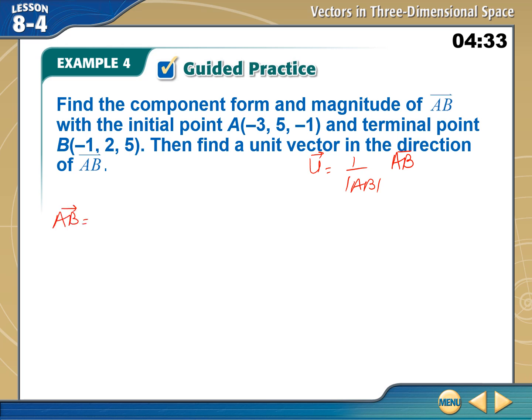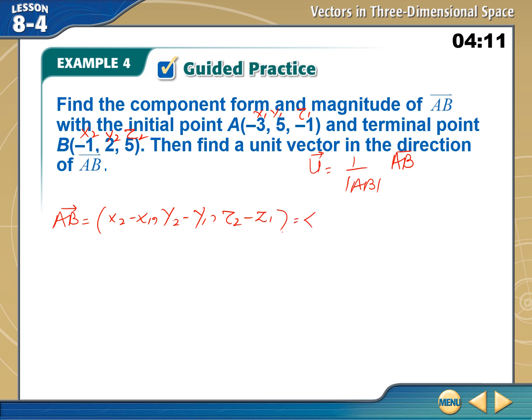So the formula is x2 minus x1, y2 minus y1, and similarly z2 minus z1. The coordinates of A, name it as x1, y1 and z1, and B as x2, y2 and z2. Put them in the formula.